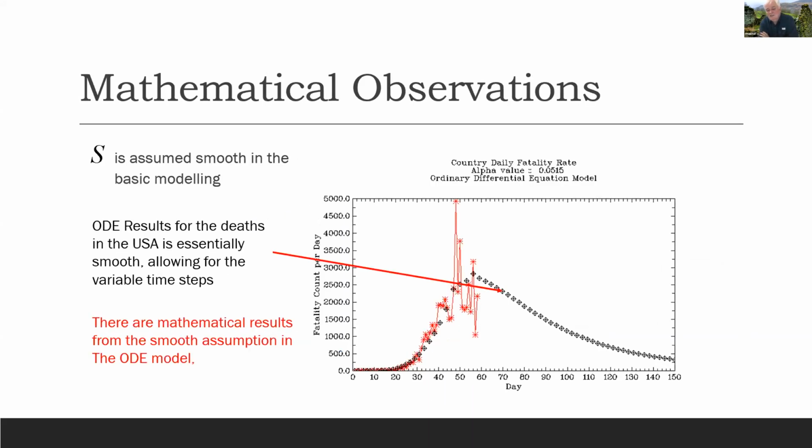So this shows you the US data up until about 20, 25 days ago. This is one of the early plots, and it shows you the ODE solver using the standard 0.0515. Now, the reason it looks a little bit jagged is because this is the one that used the variable time step. And at the time, I wasn't particularly paying that much attention to it.